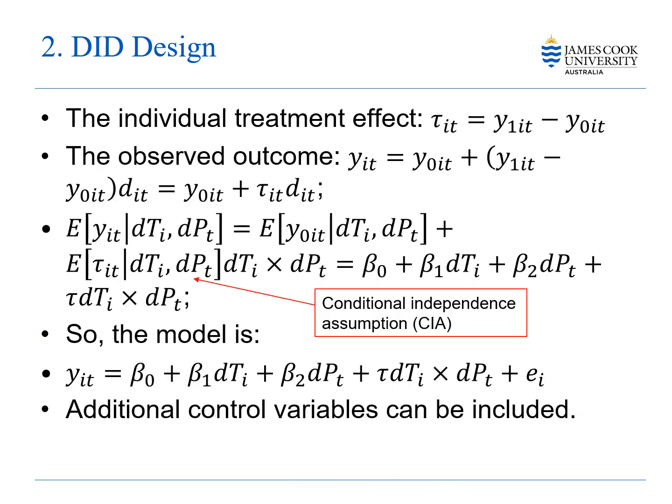Similarly, the individual treatment effect, which is unobserved, is the potential outcome if treated minus the potential outcome if untreated. The observed outcome, which we call yit, is Y0it if it is untreated. If it is treated, then we need to add a treatment effect, tau it times dit.